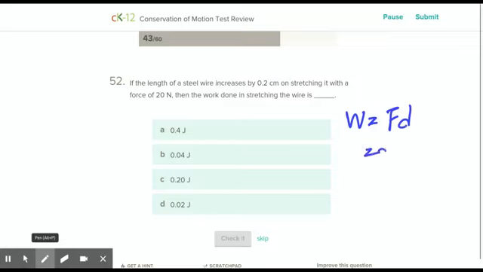And our force is 20 Newton. Our distance is, well, change that to meter, okay? So that'll be 0.02 meter. And your answer is 0.4.